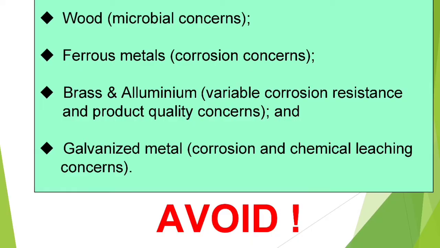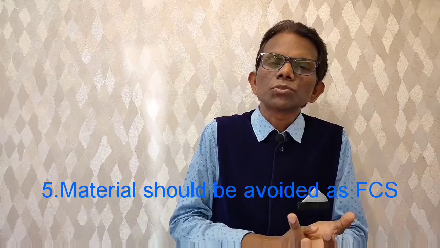And the last step is the things, equipment or food contact surfaces, that should be avoided. Wood, because of microbial contamination; wood should not be in the food processing facility. The second one is aluminum, which is also not advisable. Why?